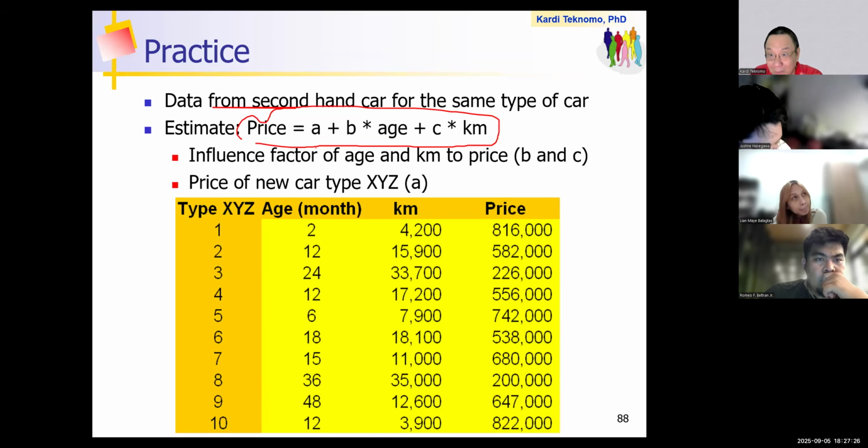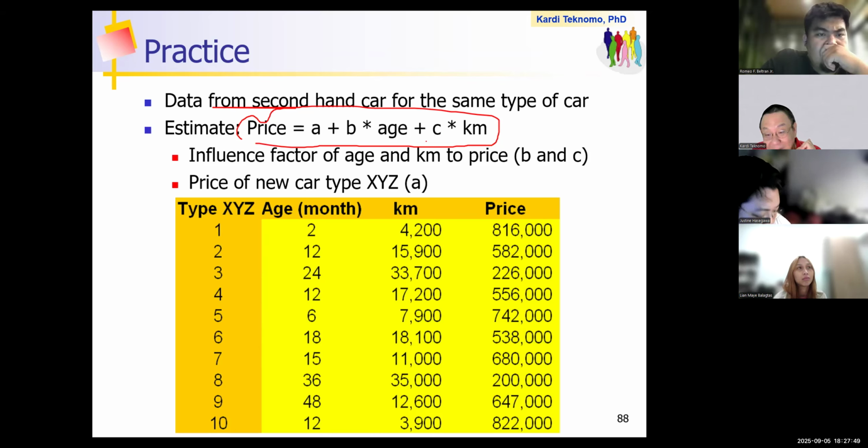So the parameters you start to interpret by putting in values. For example, 0 and 0, then you know A is the price of a new car. In that case, what is B? And what is C? What's the meaning? Anyone know?